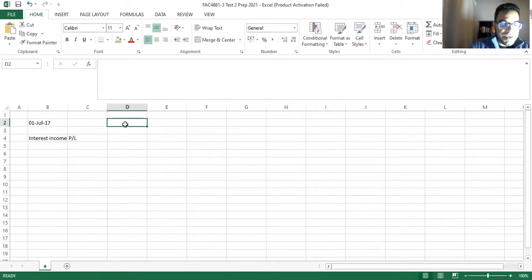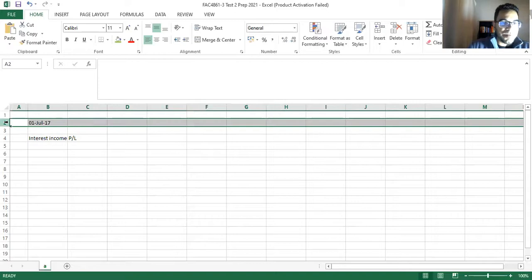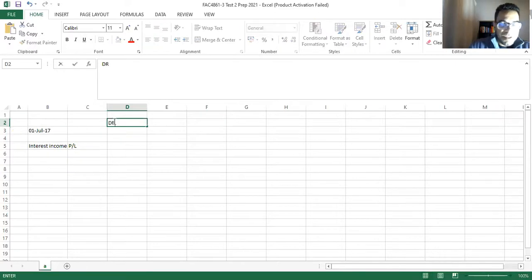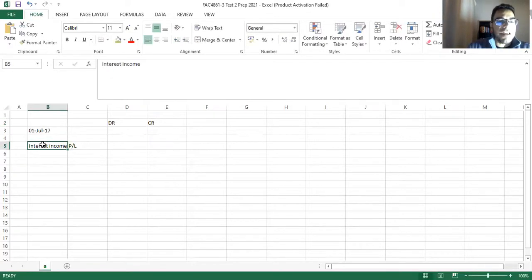Let's just do this quickly. We're going to have debit, credit. For every debit, there must be a credit, and for every credit, there must be a debit.